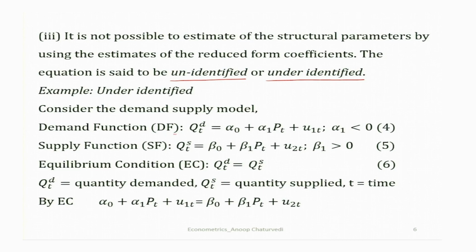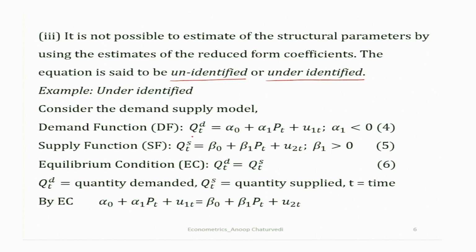Here the demand function is q t d equal to alpha naught plus alpha 1 p t plus u 1 t, alpha 1 is less than 0, and the supply function is q t s equal to beta naught plus beta 1 p t plus u 2 t, beta 1 is greater than 0.